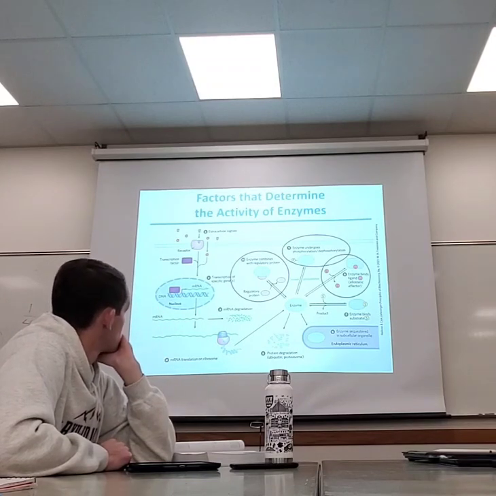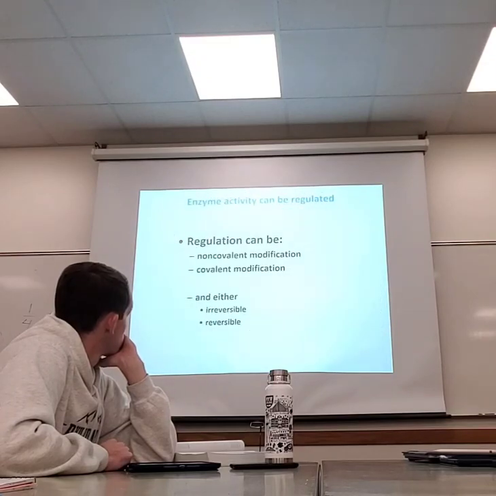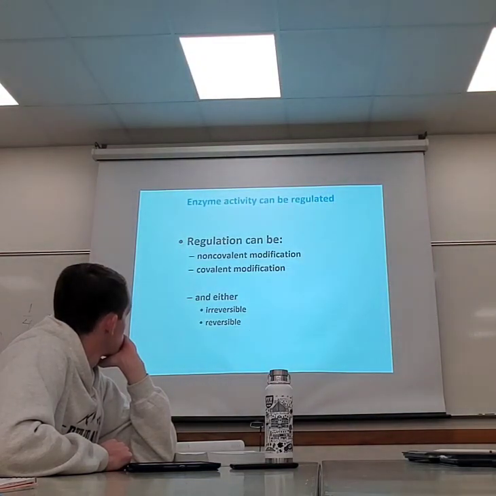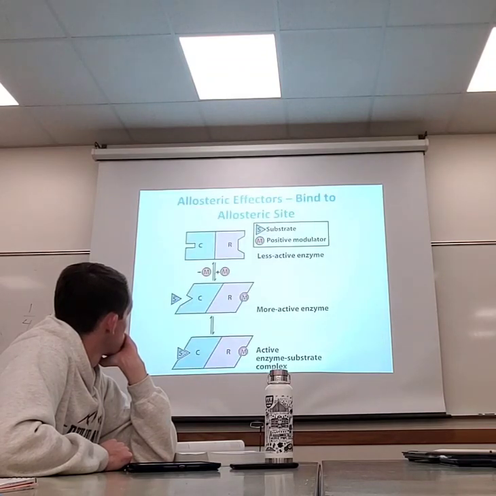Which, if I alter the K equilibrium concentrations, that has the ability to change an unfavorable delta G to a favorable one. Okay. The regulation could be non-covalent or covalent, and reversible or irreversible.